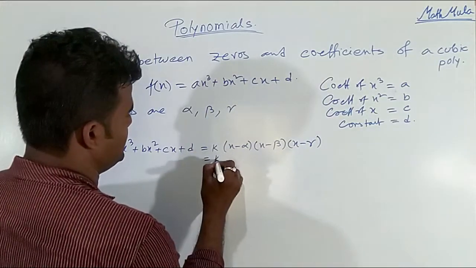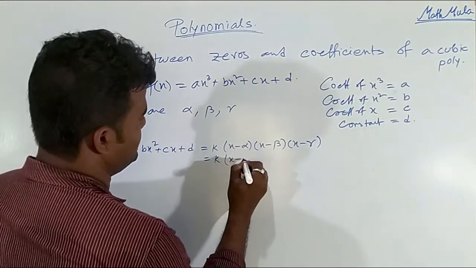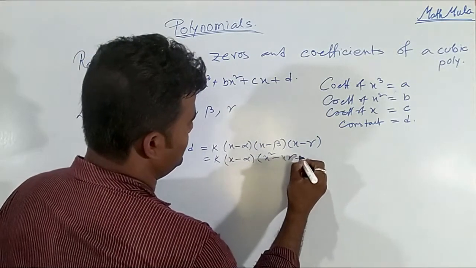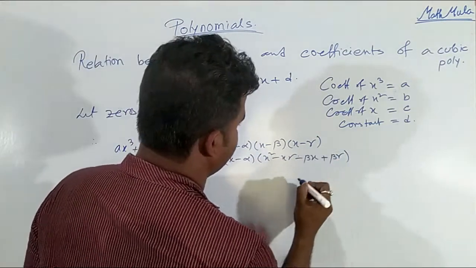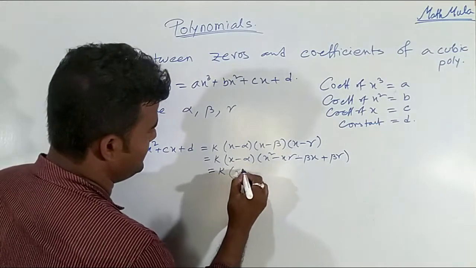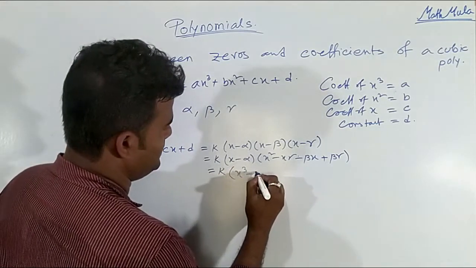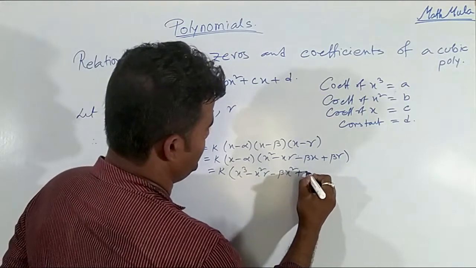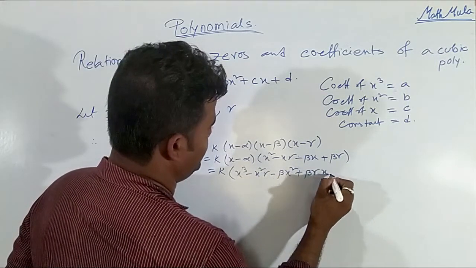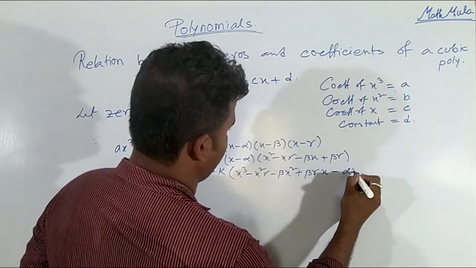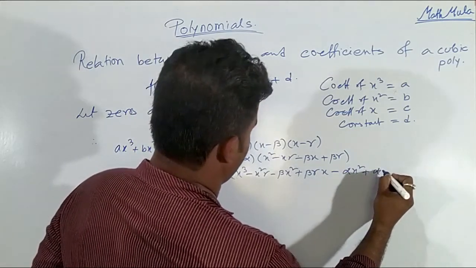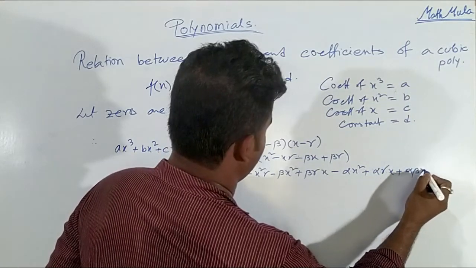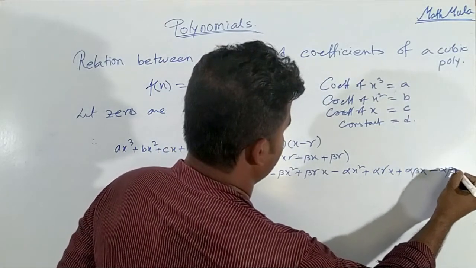Now this is equal to k of x minus alpha, times x square minus x gamma plus beta gamma. Again we multiply, we get x cube minus x square gamma minus beta x square plus beta gamma x minus alpha x square plus alpha gamma x plus alpha beta x minus alpha beta gamma.